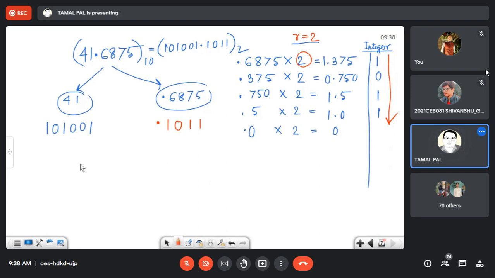That means, let's say x1 dot x2 dot x3 is the number. Then the weightages are, since it is before the radix point, 2 to the power 0, but after the radix point, these are 2 to the power minus 1, 2 to the power minus 2, 2 to the power minus 3, 2 to the power minus 4, 2 to the power minus 5, 2 to the power minus 6. In this way, it will go on.